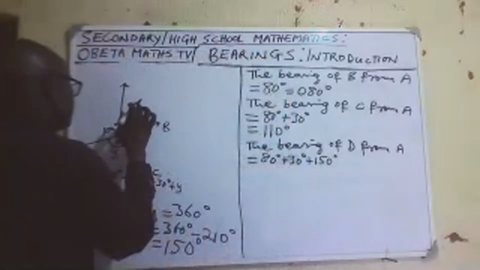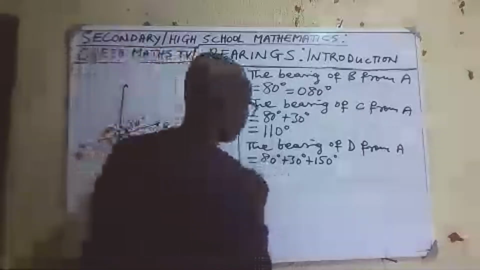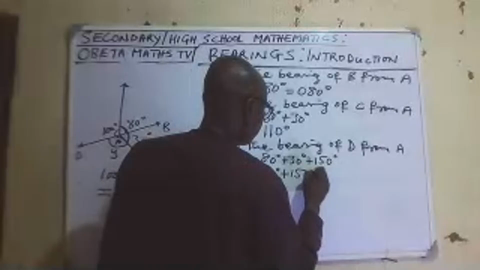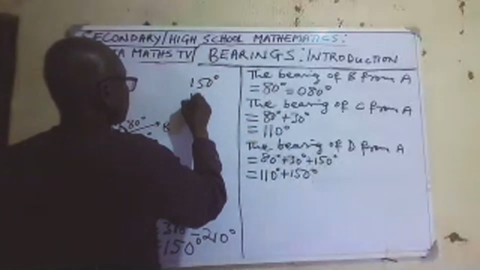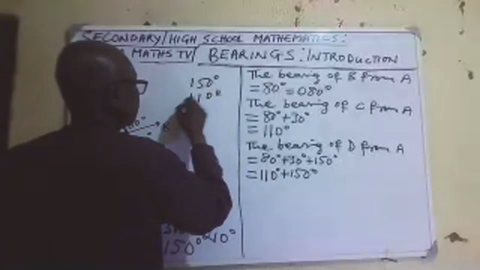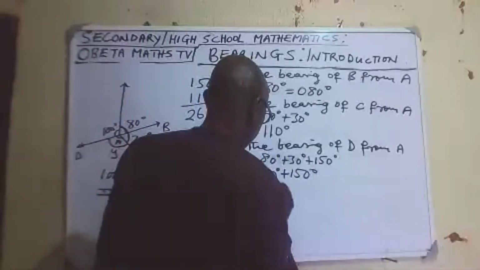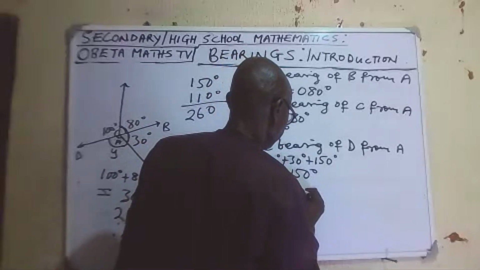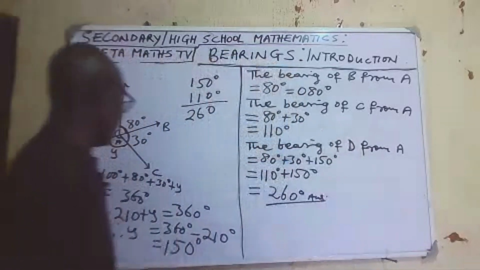That is this plus this plus this. Remember that our Y is 150. So that will give us 110 plus 150 degrees, and if you add it, that is 260 degrees.